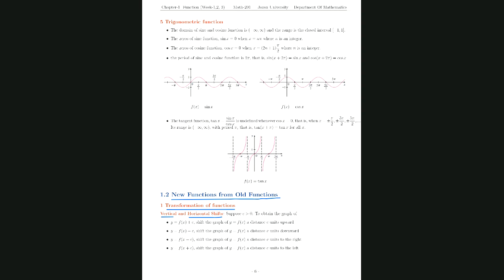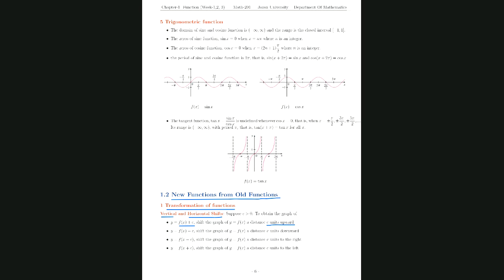Okay, so if here f(x) plus c, if plus c, any number, plus 2, plus 3, plus 5, then upward, upside, c units upward. Okay, upside. If plus 2, plus 3, plus 4, then upside. Last lecture I told you.